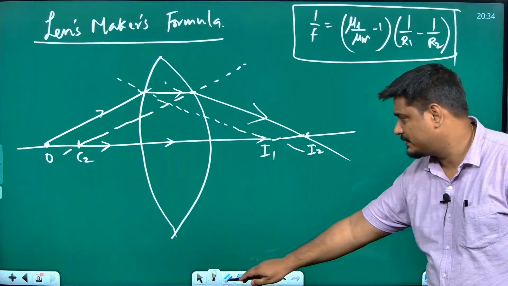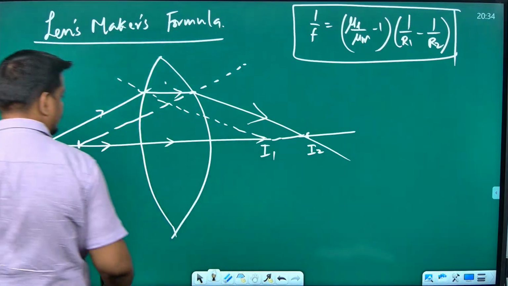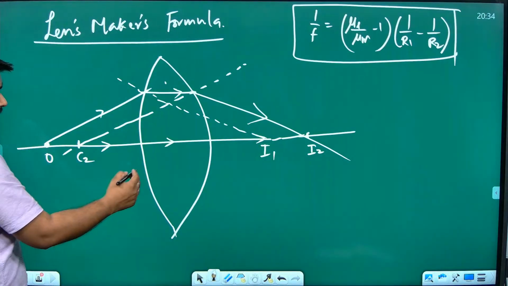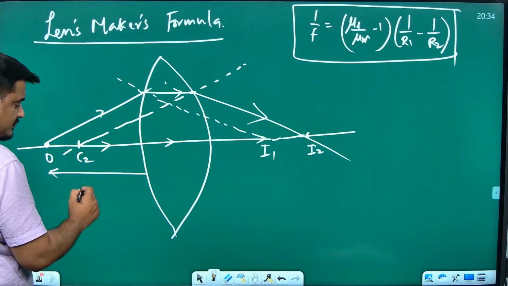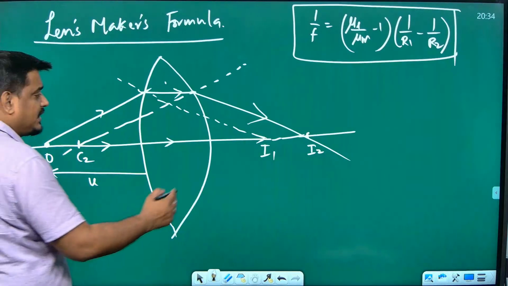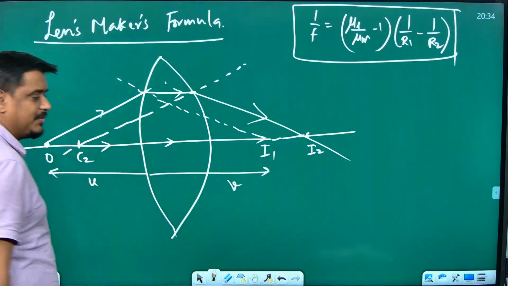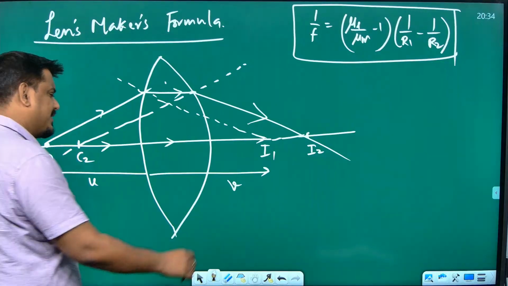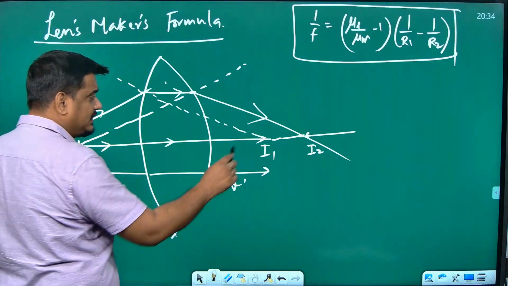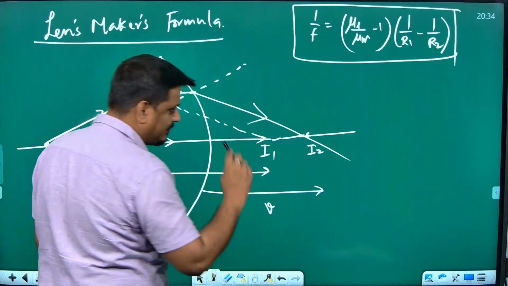If you see carefully, this is the object position, this is the image position for the first image, or I write it as V dash, and this is the image position for the final image V.